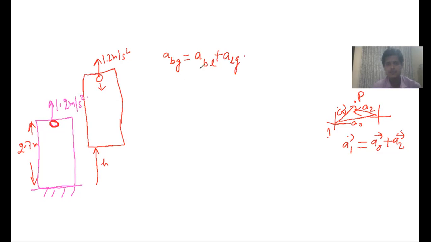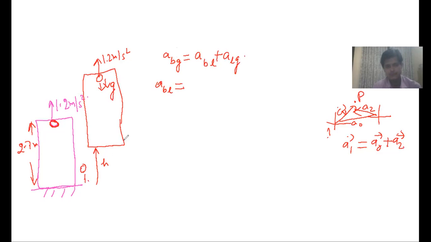Now, the acceleration of the bolt with respect to ground: when it is released, it has only acceleration g acting in the downward direction.